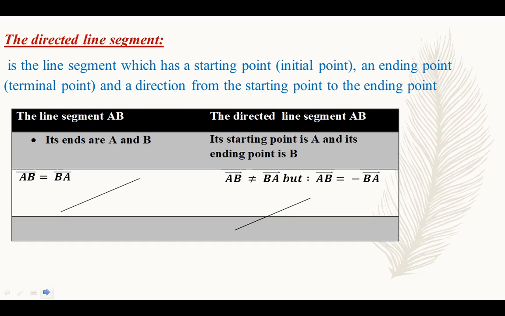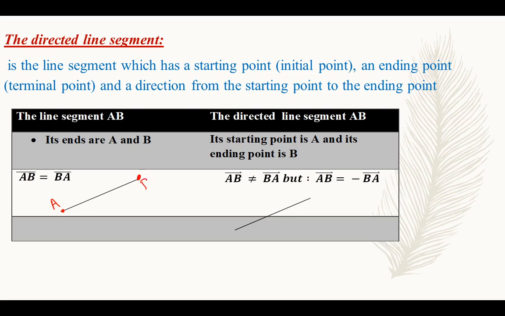If we are going to compare the line segment which we studied before and the directed line segment which we are going to study this year. What is the line segment? The line segment has ends A and B. This is the line segment AB.